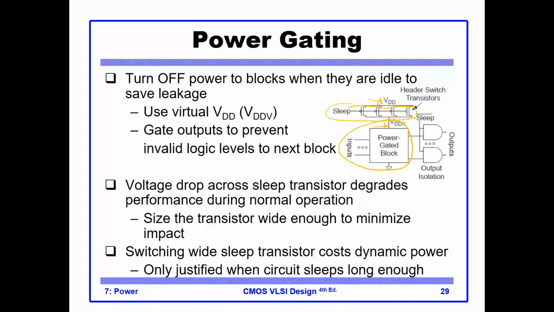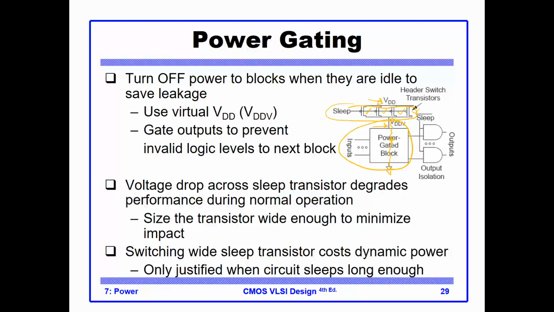This PMOS transistor is off when the circuit is asleep. This should reduce tremendously the current flowing through the circuit and ending up leaked to the ground during sleep mode. And when we activate the circuit, we turn on these transistors and the circuit starts switching and working just fine.